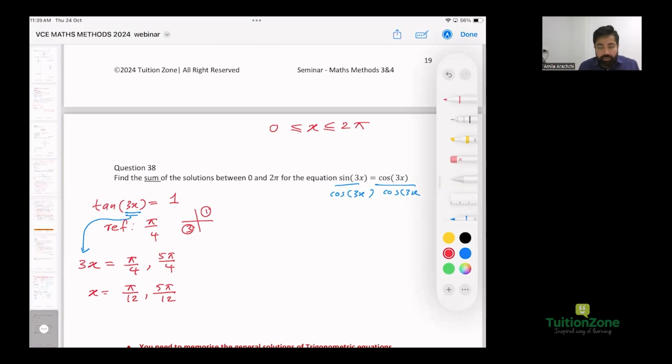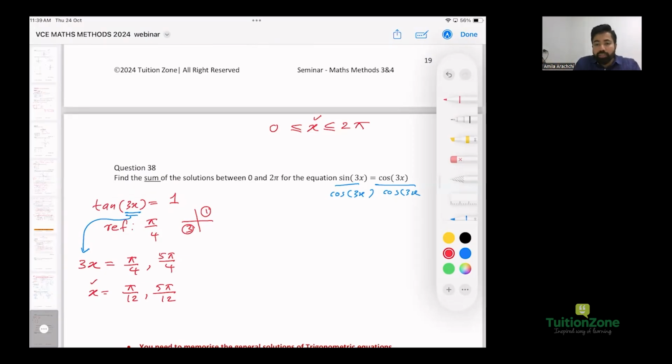For the other general equations, you go like 2 pi becomes 6 pi. Yes, but if you find the x, you don't have to change the domain. If you keep the 3x, then you need to change the domain into 3x as well. But the best way is to find the x till the end. You found the x now, two values, and based on that, keep the domain as it is.